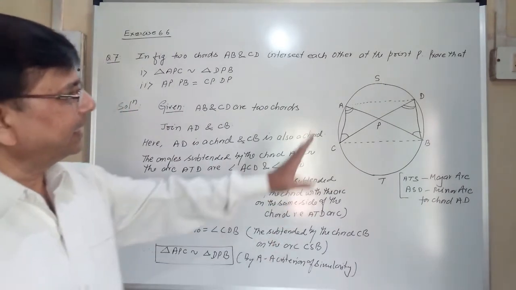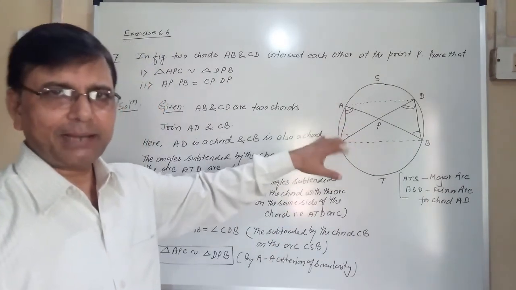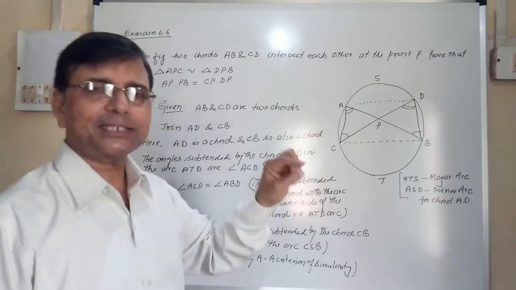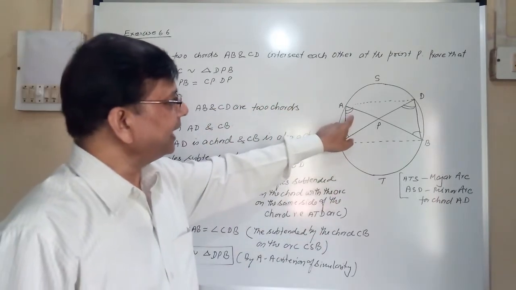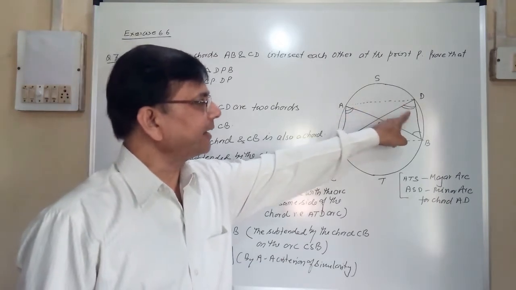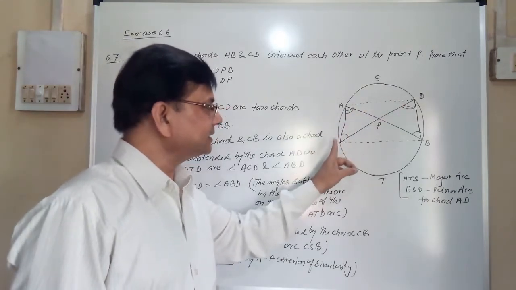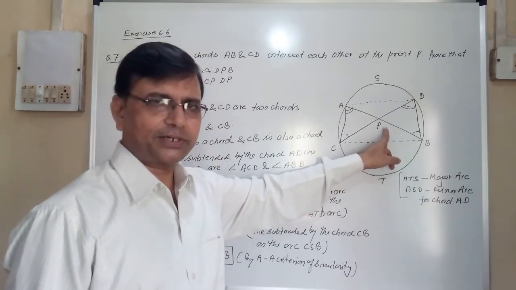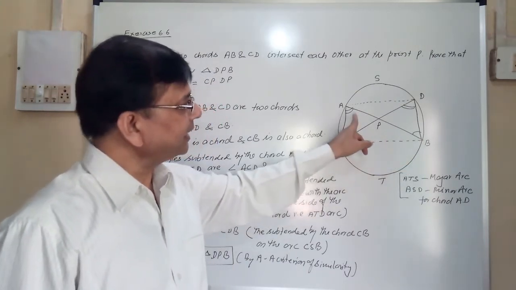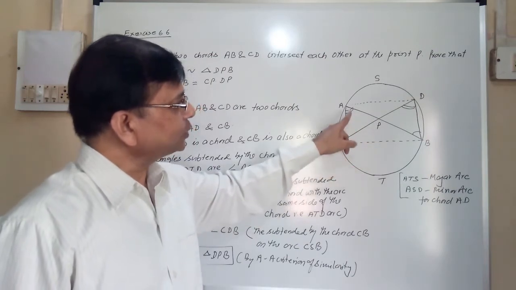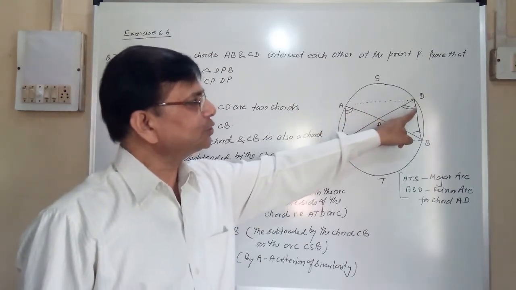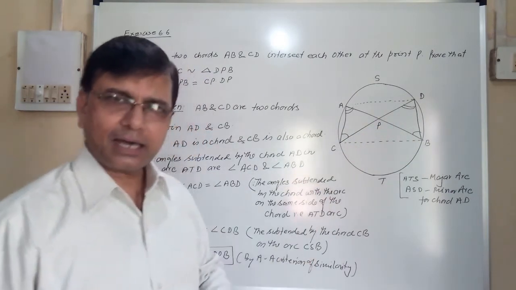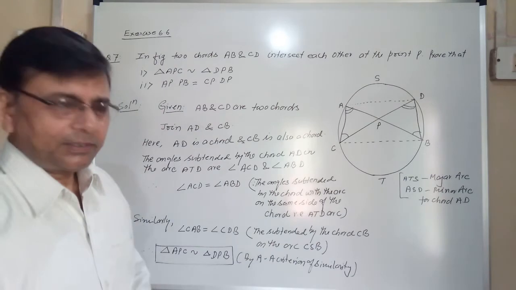It is very important, naming also. Naming of the triangle will be done with the vertices as per the corresponding angles. You see, A corresponds to D, right? These two are equal. Here C corresponds to B, and P is the common vertex of both triangles. So if we are naming APC, A corresponds to D, so D we will write first, and DPB will be the other naming of the triangle.